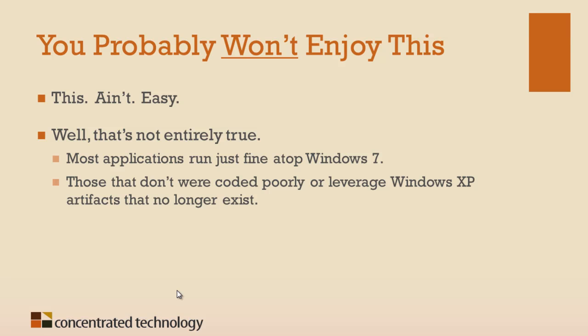So the time period between XP to Vista and Vista to 7 and now 7 to, almost 8, means that many of the applications that we're working with today have had enough time to get themselves compliant. Those that haven't, well, those were either coded poorly, they leverage Windows XP artifacts or Windows XP calls that no longer exist. They leverage pieces of the security model that exist on Windows XP but actually don't exist anymore because Windows 7 is so much more secure.